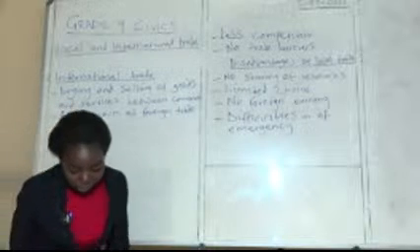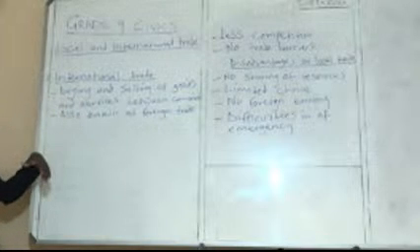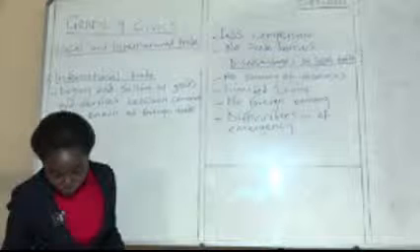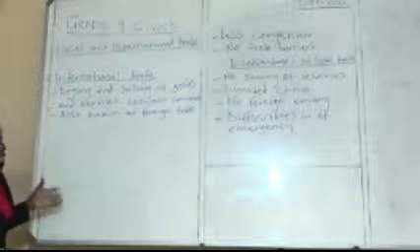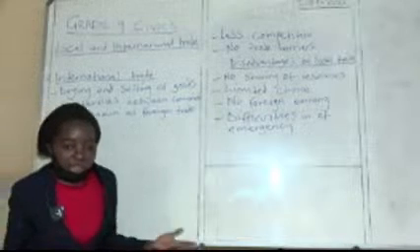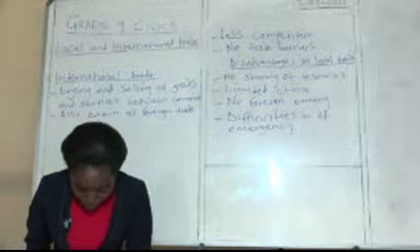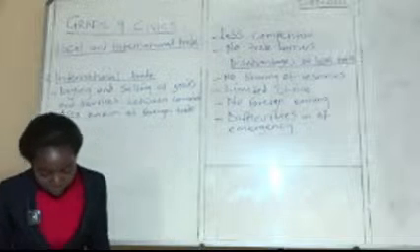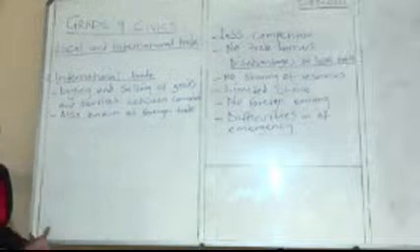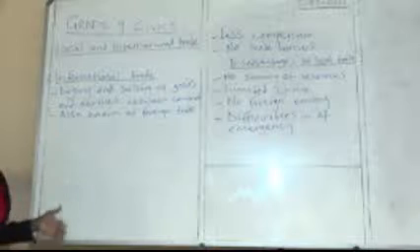The goods traded are mostly finished goods. Goods traded can be finished products, for example television sets, radios and cell phones. Also, raw materials used in producing other goods, or agricultural products and foodstuffs.